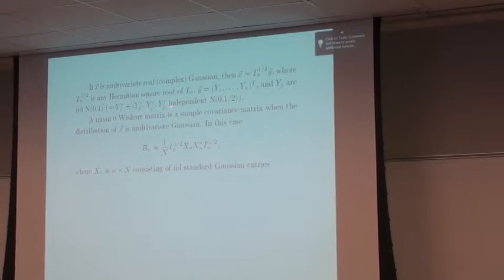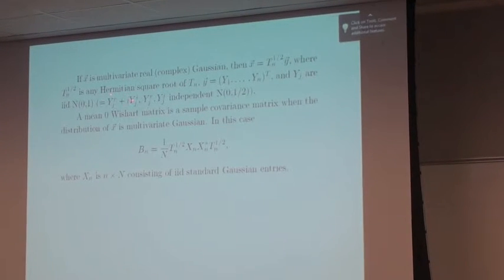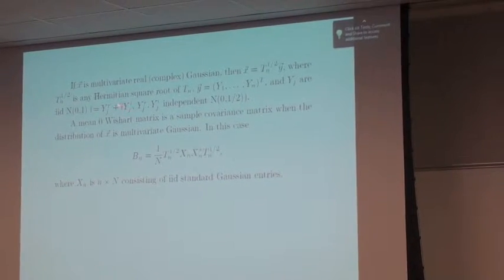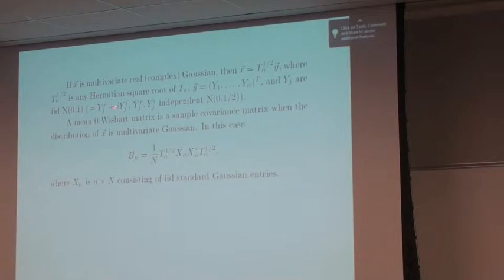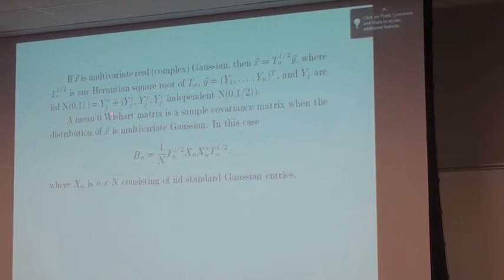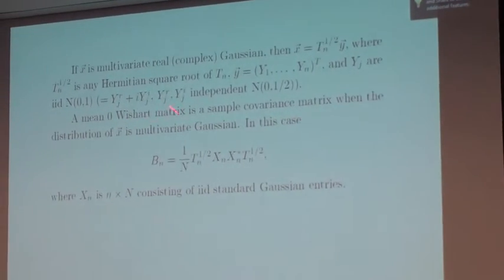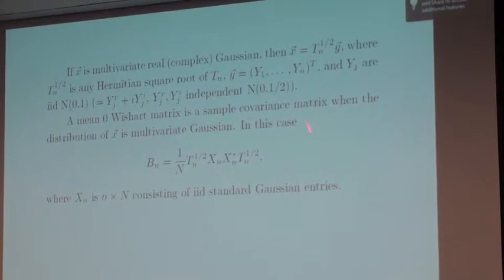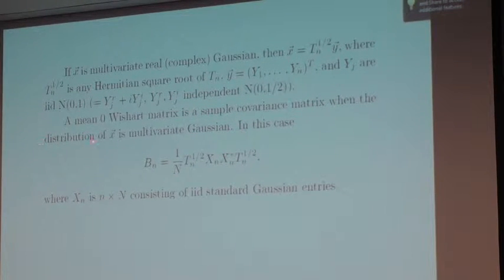In the complex case, the real and imaginary parts are independent and both normally distributed with variance 1/2, not 1. This sample covariance matrix is traditionally known as a Wishart matrix when X is multivariate Gaussian.